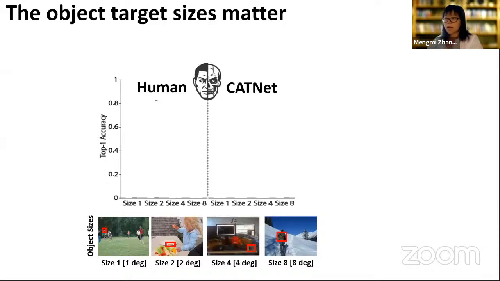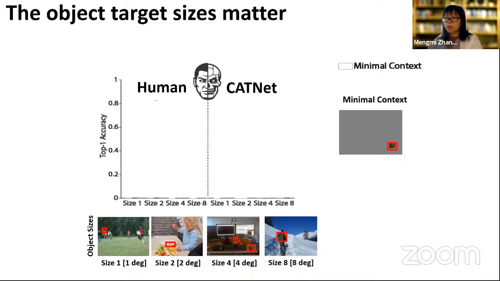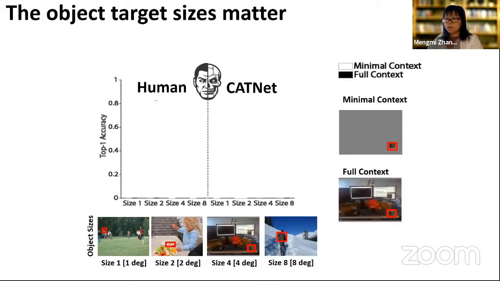For each size, we introduce either a minimal context, that is the rectangular bounding box enclosing the target, or the full context condition, which is the entire image. For the minimal context condition, human performance improved monotonically as a function of target object size. This effect was readily captured by CRTNet as well.